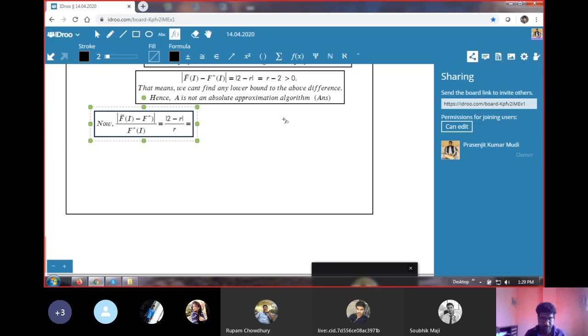In the next line we can write that as 1 minus 2 by r.